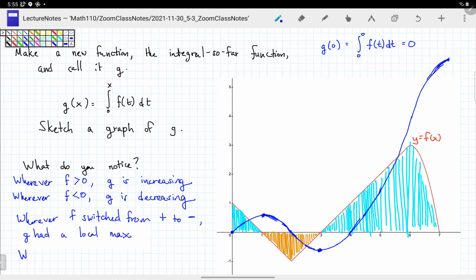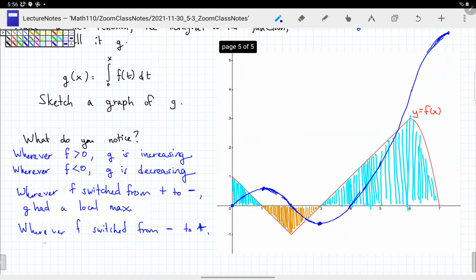And similarly, wherever f switched from negative to positive, g had a local minimum.